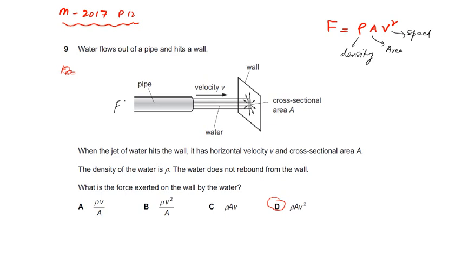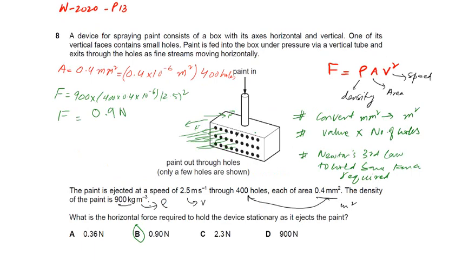So let's check another question, which is winter 2020, paper 1, variant 3. A device for spraying paint consists of a box with its axis horizontal and vertical. One of its vertical faces contains a small hole.